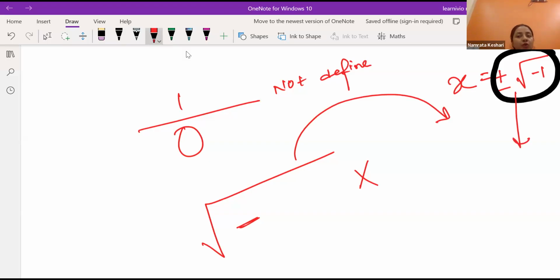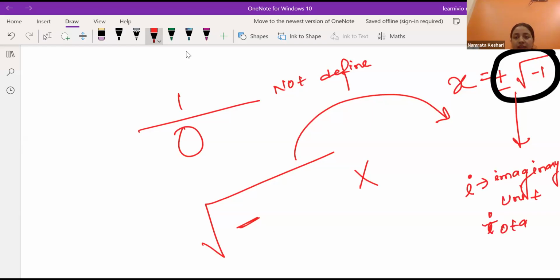And we are going to say that iota, I, which is called the imaginary unit, or iota, I-O-T-A, we call it the imaginary unit or iota.